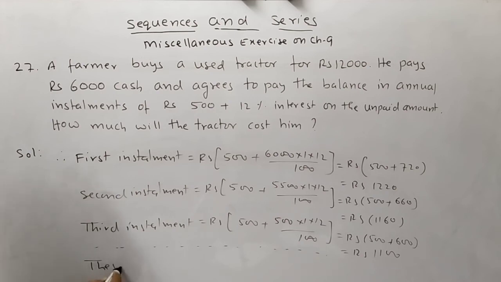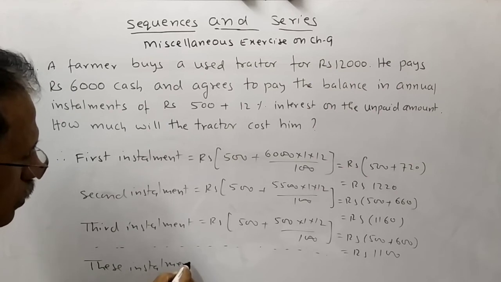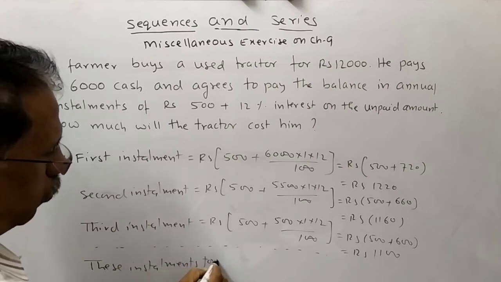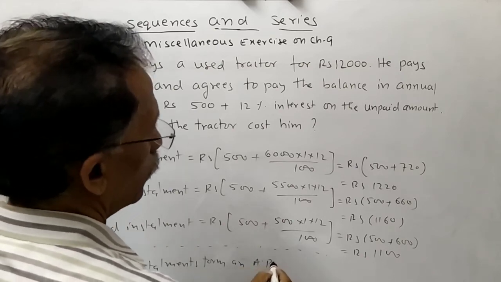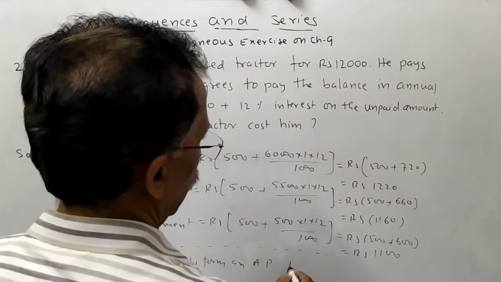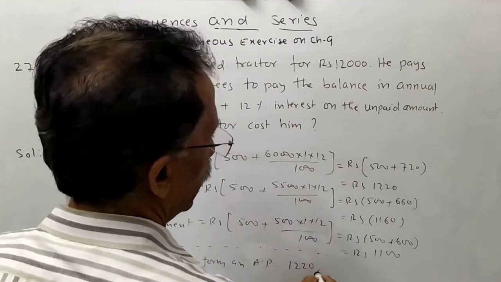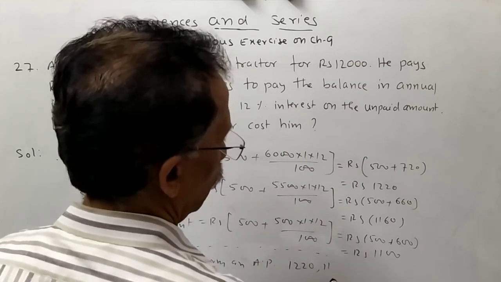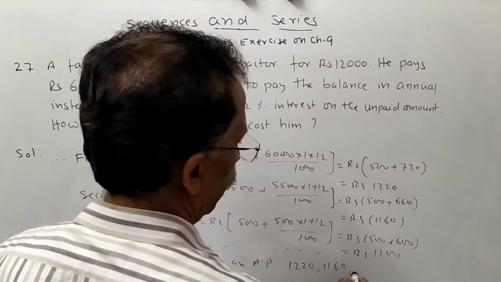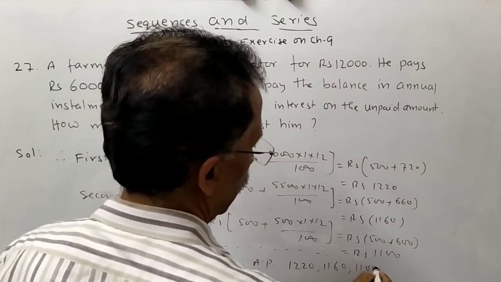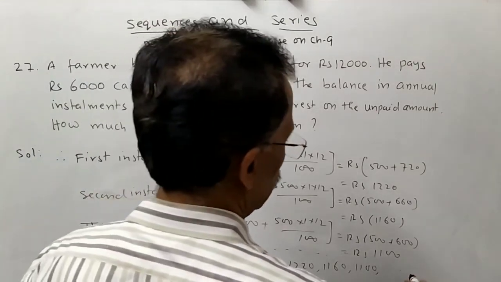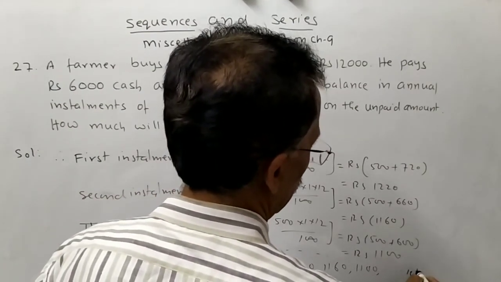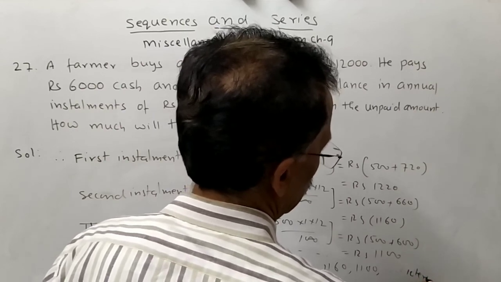These installments form an AP 1,220, 1,160, 1,100 and so on up to 12 terms.